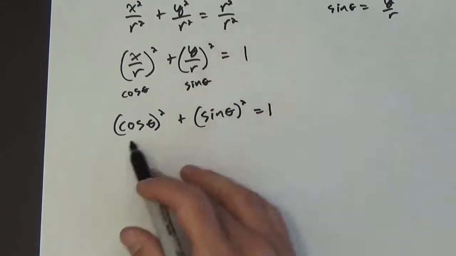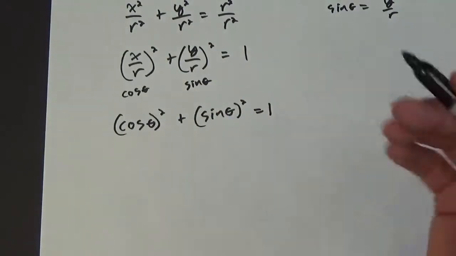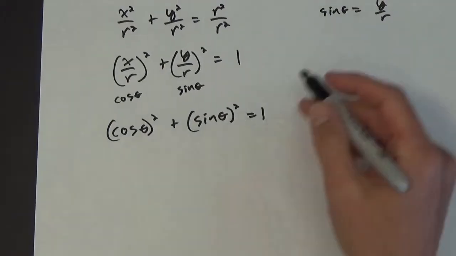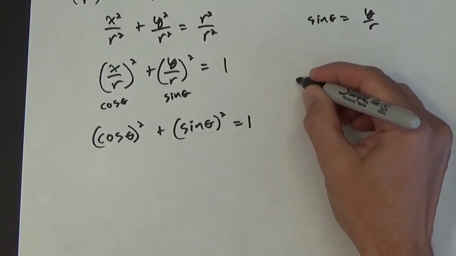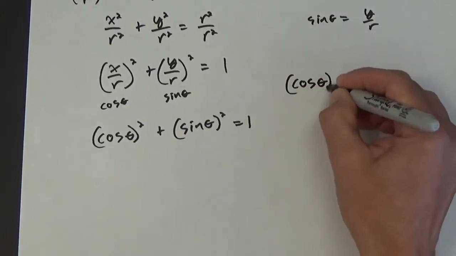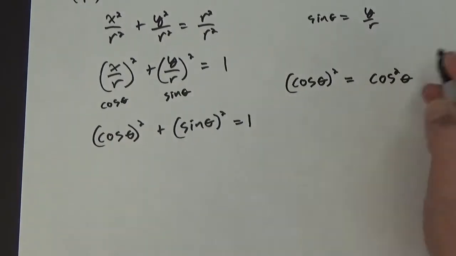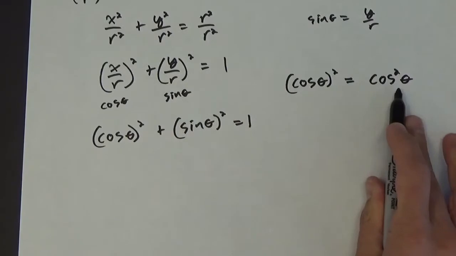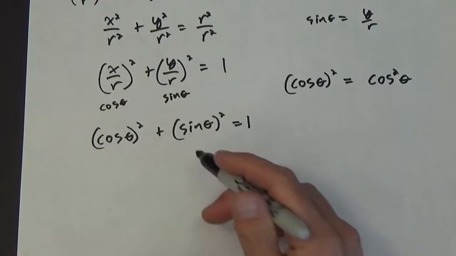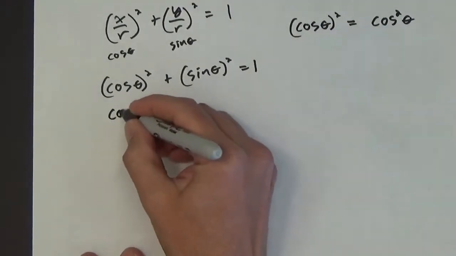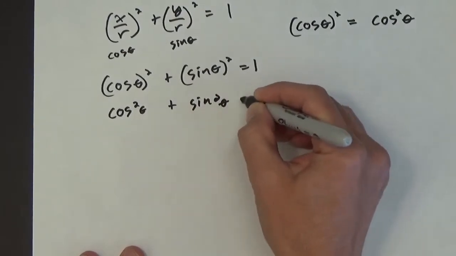All right, we're almost done. This is basically the identity, but we write it a little differently. When I have the cosine of theta squared, we can rewrite this as the cosine squared of theta. These are equal. If you ever see cosine squared of theta, that means the whole cosine is being squared, and the same thing with the sine. So we have the cosine squared of theta plus the sine squared of theta equals 1.